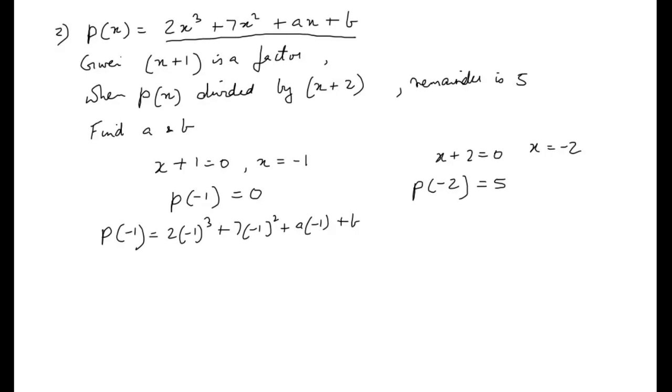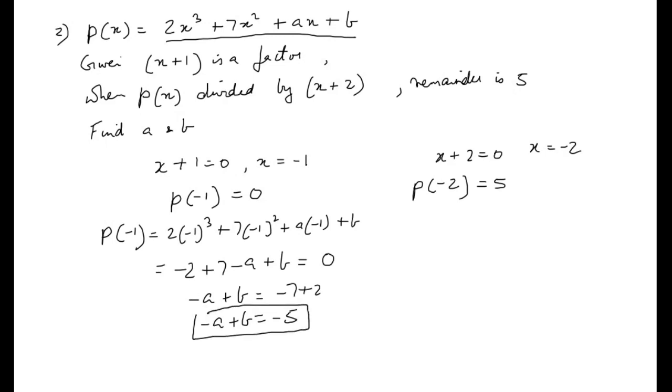That gives me minus 2 plus 7 minus a plus b is equal to 0 because x plus 1 was a factor. So minus a plus b is equal to minus 7 plus 2, which is minus 5. So minus a plus b is equal to minus 5. That's the first of our equations.